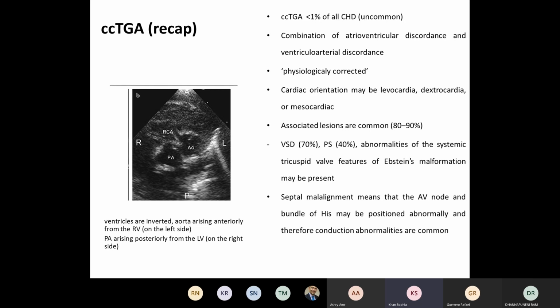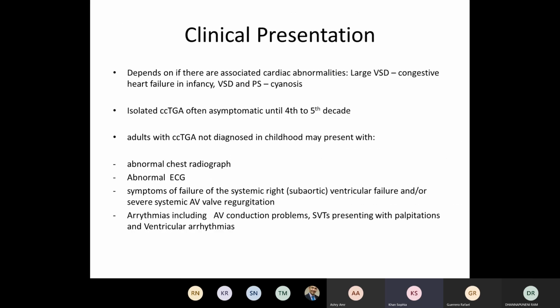So that predisposes them to conduction abnormalities, which can be quite common. And this is a quick echo picture showing the orientation of the vessels, with the pulmonary artery often posterior.